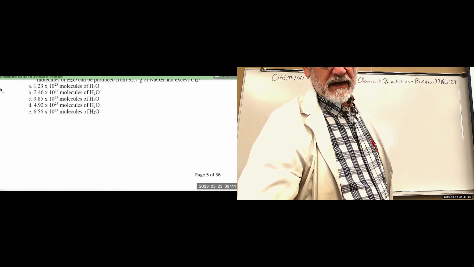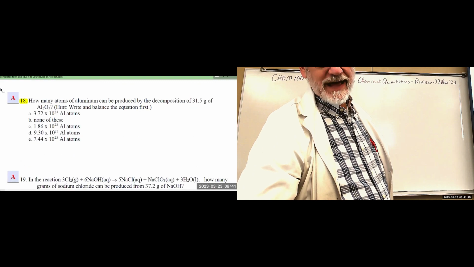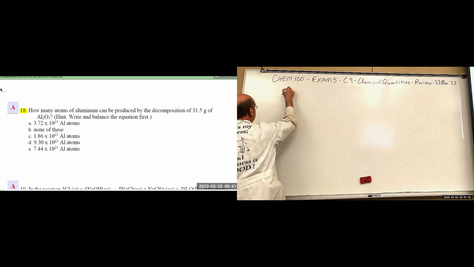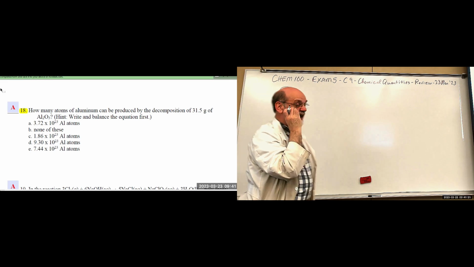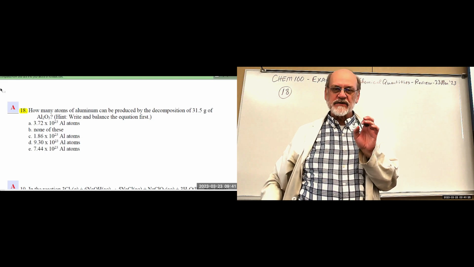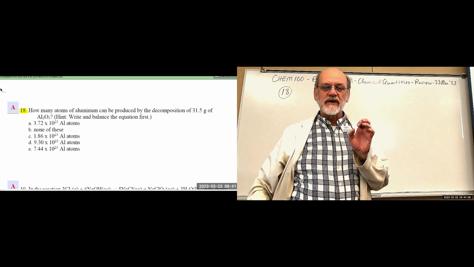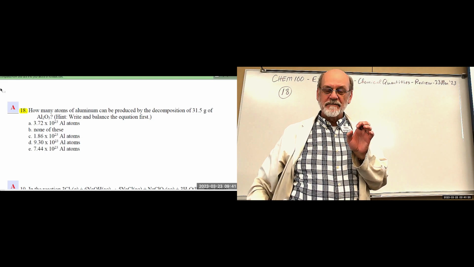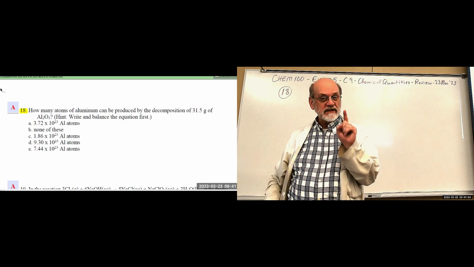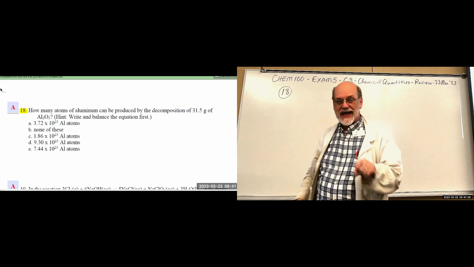All right. 13. Next one, let's see, 18. Okay. How many atoms of aluminum can be produced by the decomposition of 31.5 grams of aluminum oxide? All right. This one, you need to understand what decomposition means.